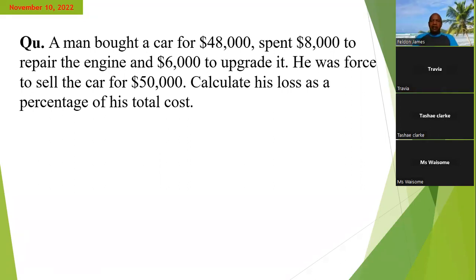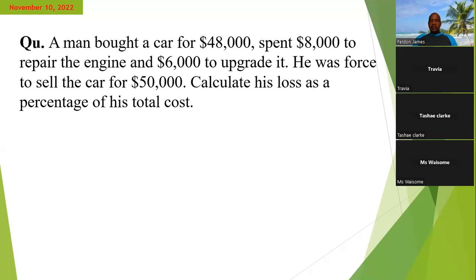All right, so the question was, Ms. Waysam, from this question, how do we go about calculating the loss? And Ms. Clark said that she would add the 8,000 to the 48,000 plus the 6,000 to give you the overall cost. And then now the selling price would be 50,000 that she sells it for. Do you agree, Ms. Lisa?